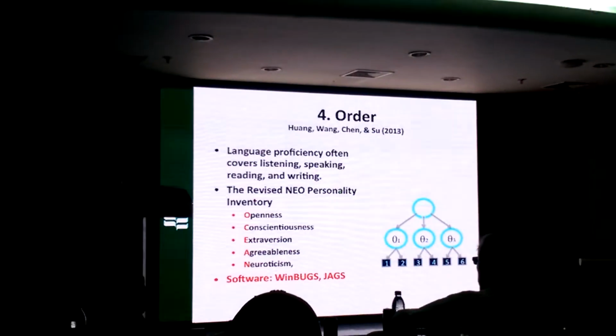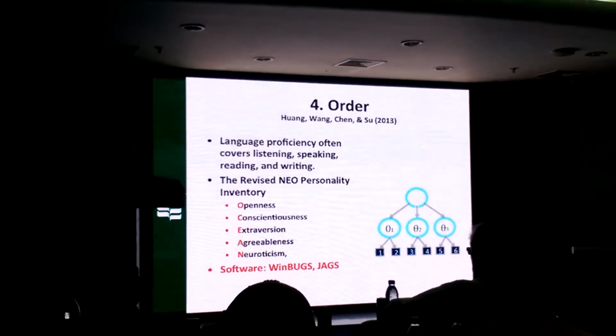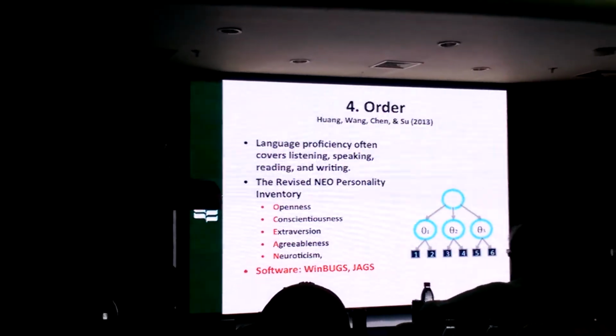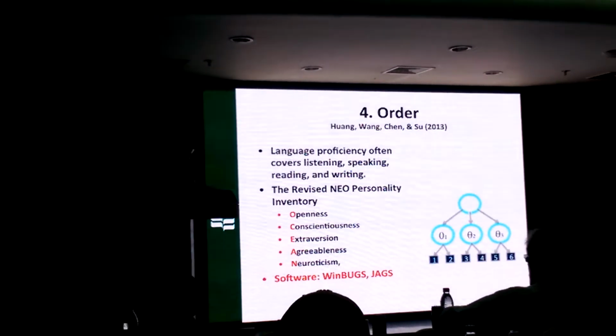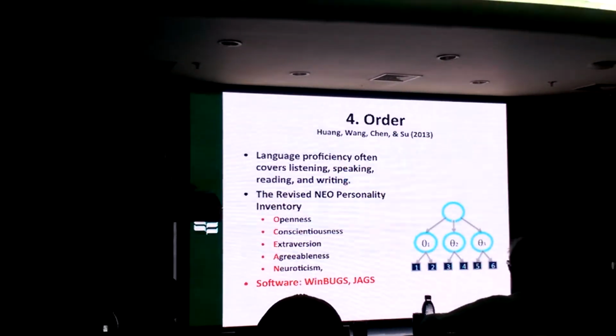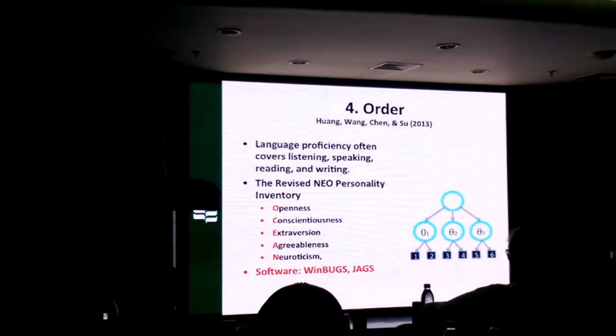So that means that, in addition to the specific abilities of listening, speaking, reading, and writing, there is a second-order latent trait, which can be referred to as language proficiency.